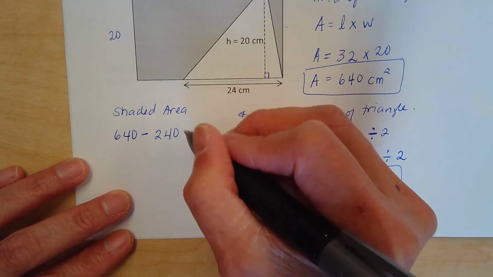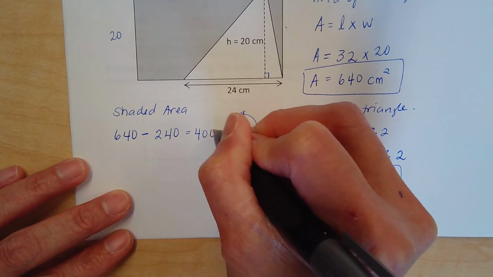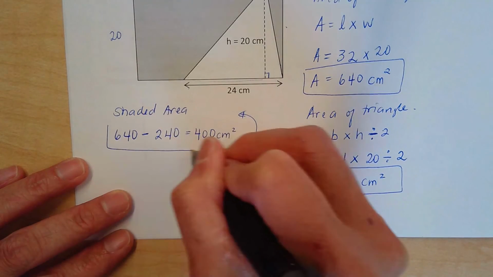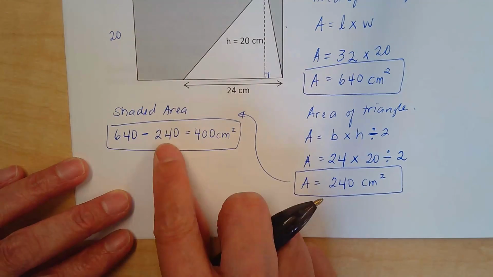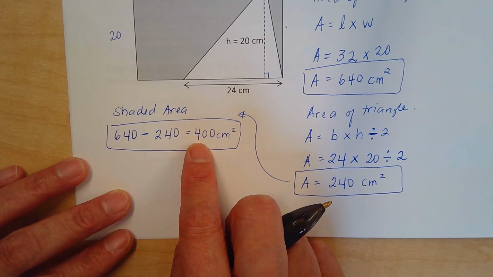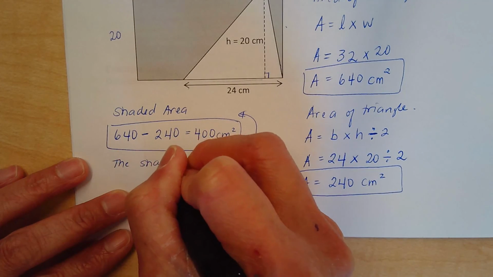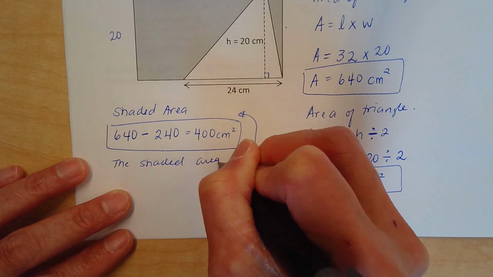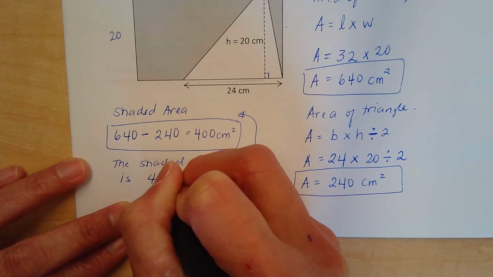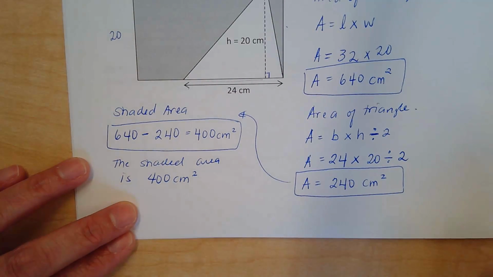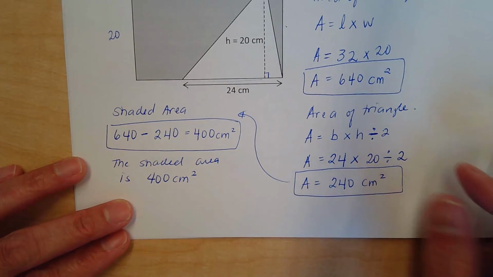So that's going to give us 400 centimeters square. That's your final answer. So the shaded area is 400 centimeters square, or square centimeters.